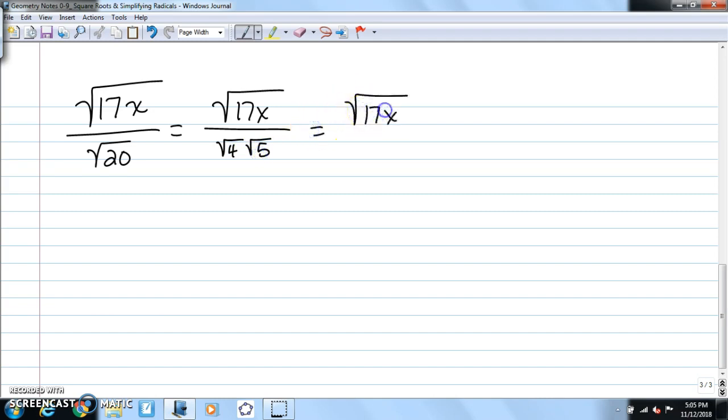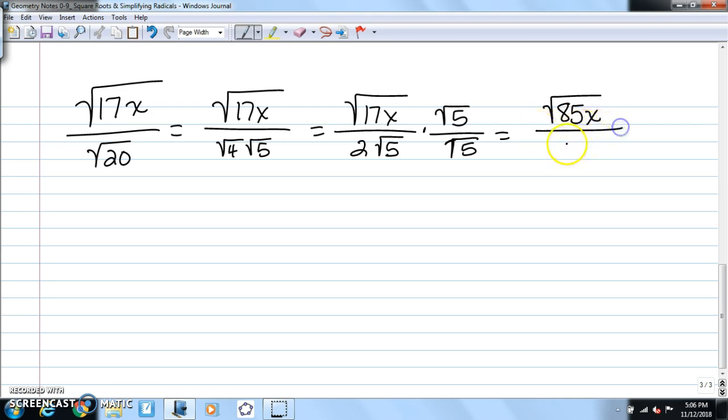So you actually have 2 square root of 5 in the denominator. Well, now I just need to multiply top and bottom by the square root of 5 to rationalize the denominator. And 17 times 5 is, let's see, 50, and 35 is 85. So it's the square root of 85x over 2 times 5. So that's the square root of 85x over 10. And that's your answer there.